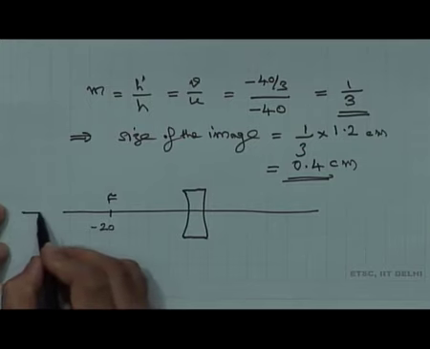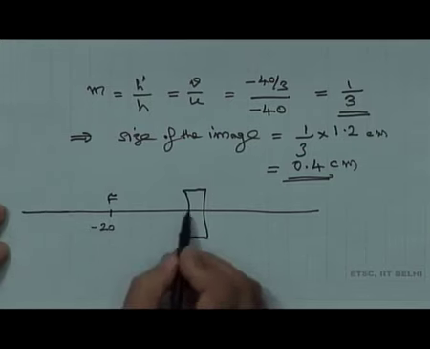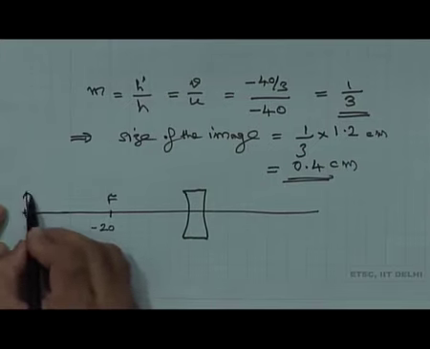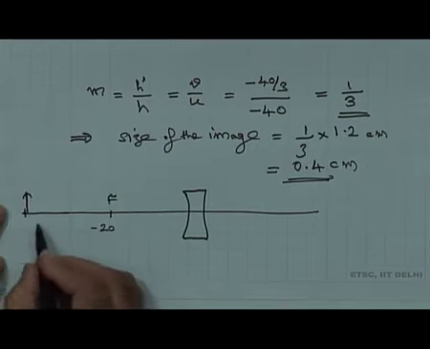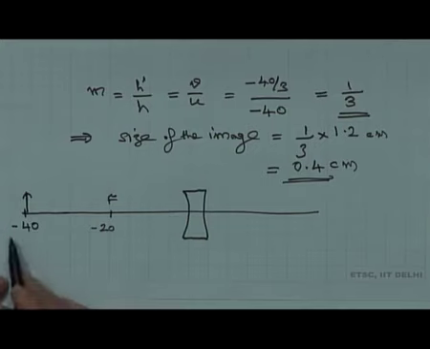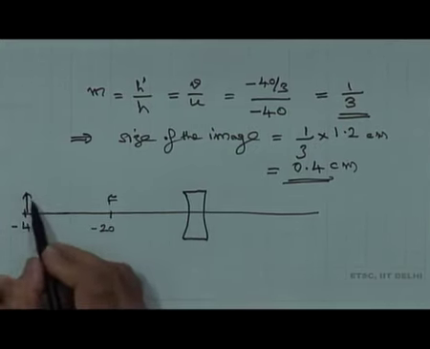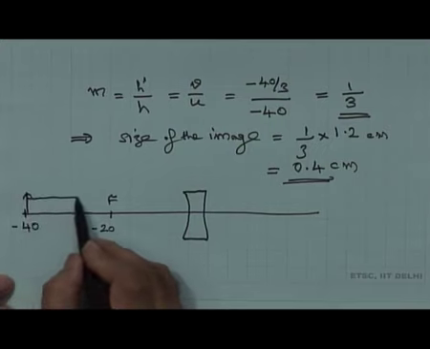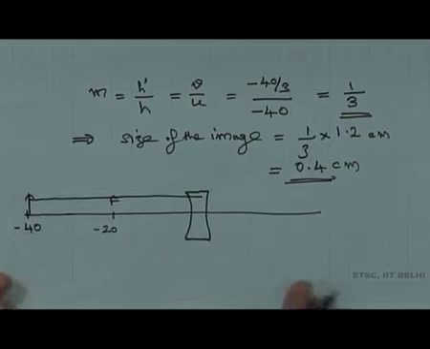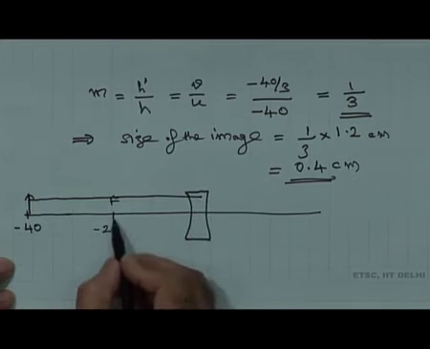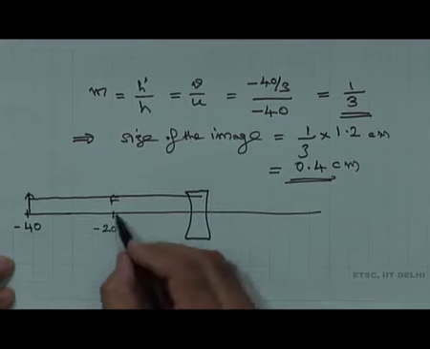and the object is at minus 40, double the distance. So, O is here, the object is here. This is minus 40, the object, and the focus. Let me show a parallel ray here, which will appear to go from the focus, because the focus is minus 20.